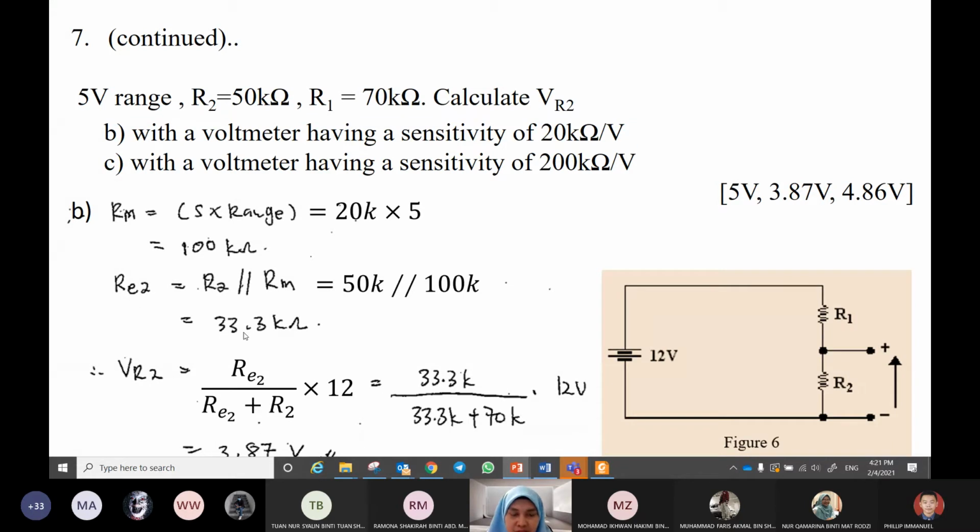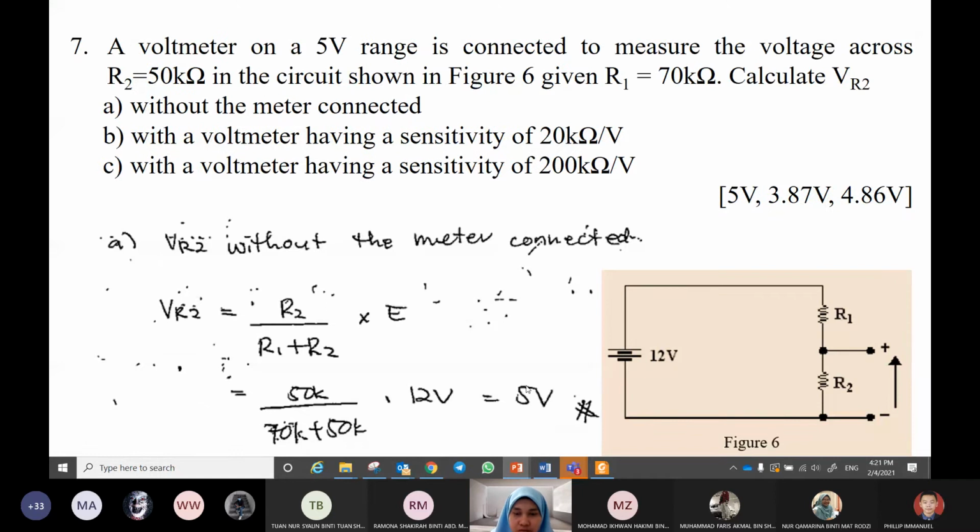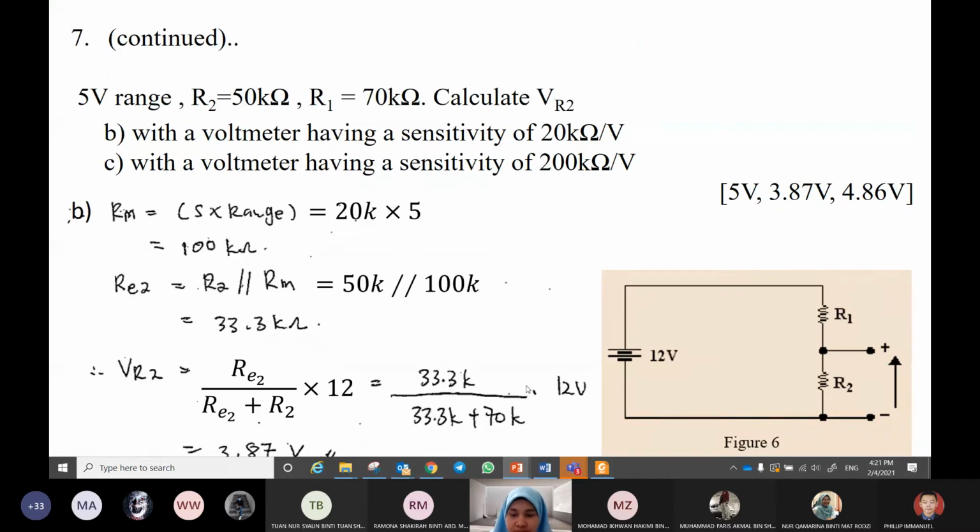We get 33.3 kilo ohm, and then we can find the VR2 using that voltmeter, and we get a lower value compared to the theoretical 5 volt. And then how about sensitivity of 200 kilo ohm per volt? You calculate. The answer is 4.86 volt.